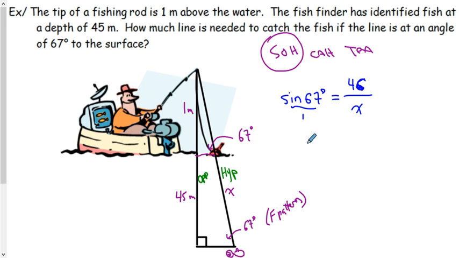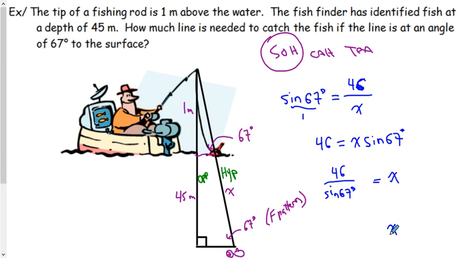Let's say that's over 1. 1 times 46 is 46. x times sine of 67 is x times sine 67 degrees. Let's divide both sides by sine of 67, so I'm just left with x on the right. On the left, I've got 46 over sine of 67 degrees.